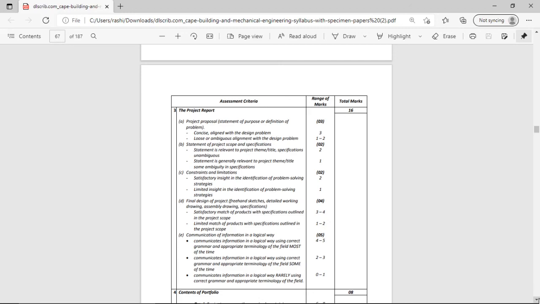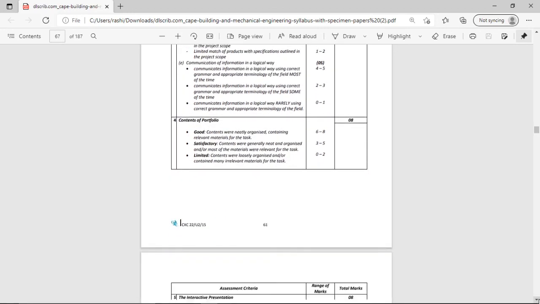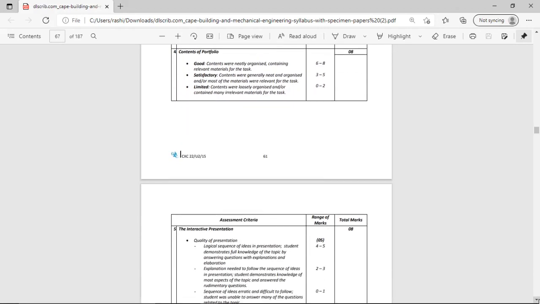All right. Contents of the portfolio: just for having everything in the portfolio that should be in the portfolio, you get 8 marks. Contents were neatly organized, containing relevant materials for the task. So if they're neat, you get 6 to 8 marks. This is kind of outdated, well, it's not outdated, because the entire SBA is done in AutoCAD.